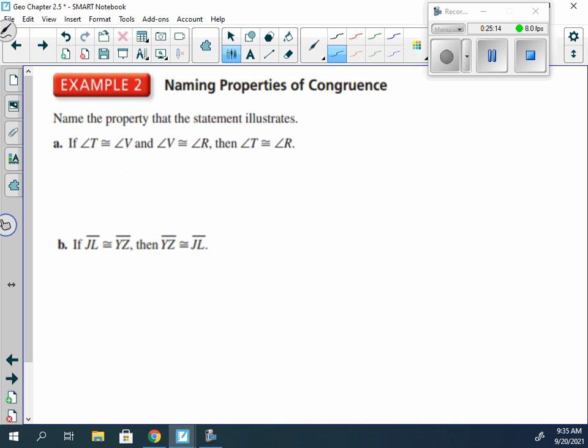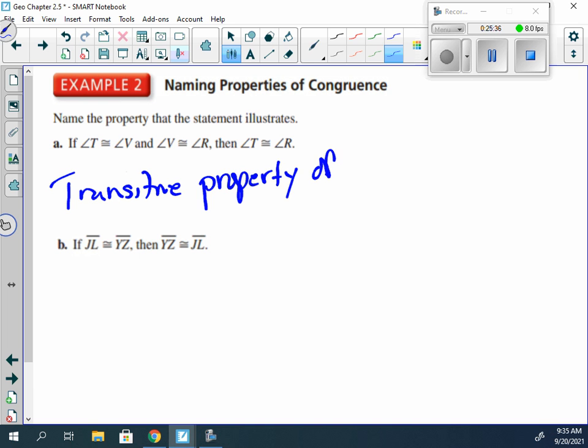Name the property that the statement illustrates. If angle T is congruent to angle V, and angle V is congruent to angle R, then angle T is congruent to angle R. Okay?